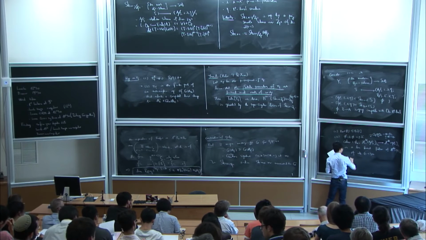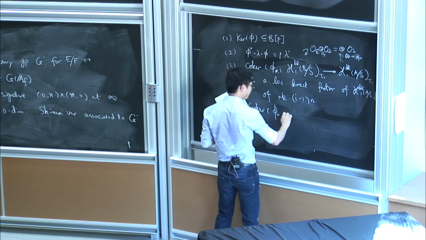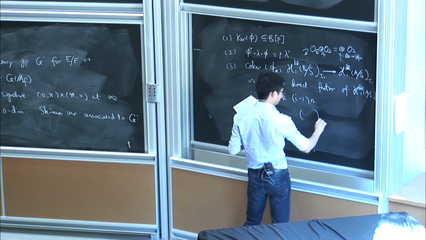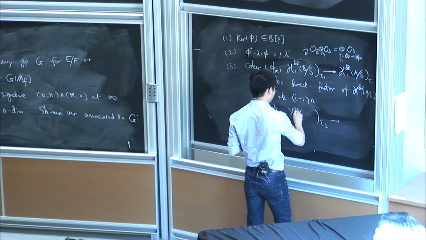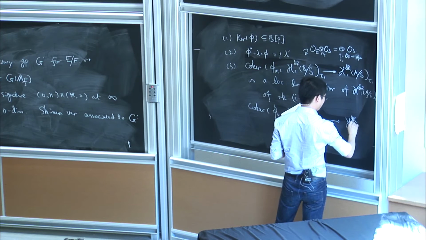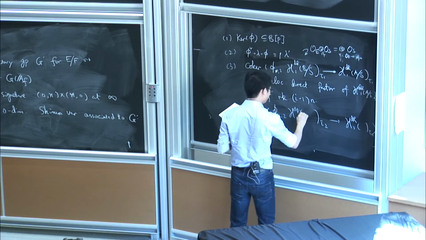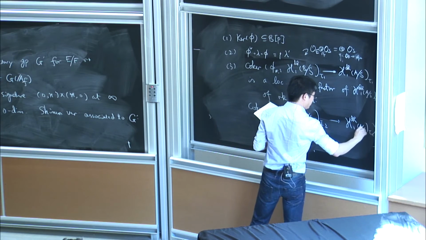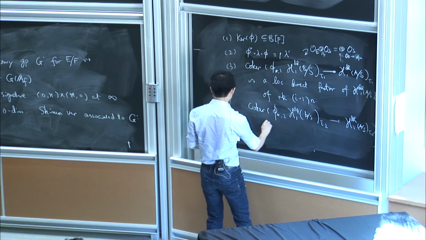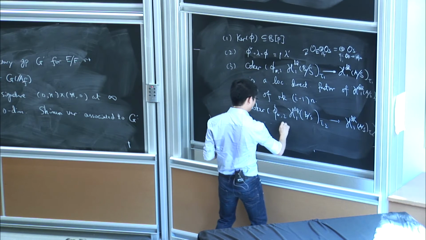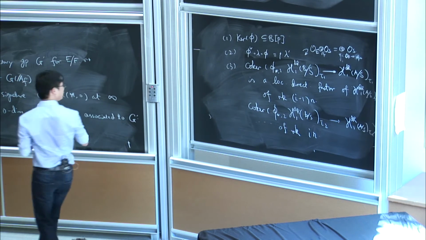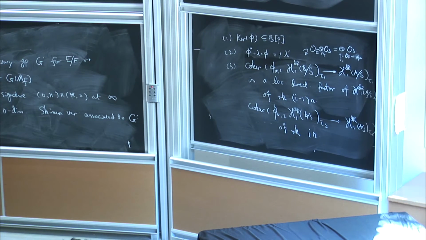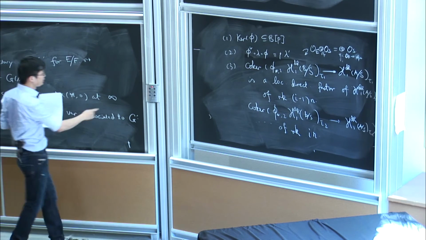And similarly, you require that the cokernel of the tau_2 component is a local direct factor of rank i times n. Okay, so those are the descriptions of the cycles that we constructed.